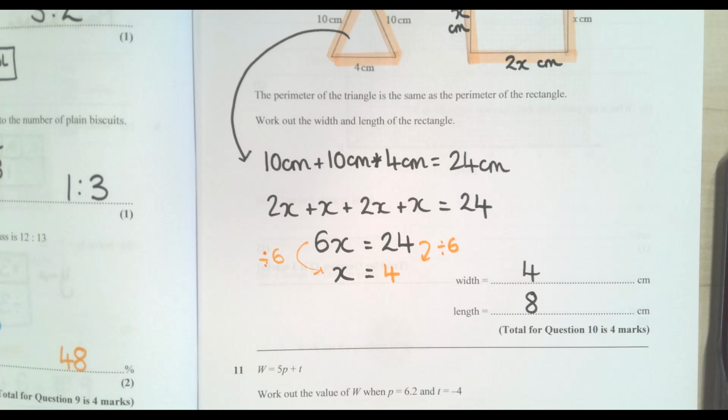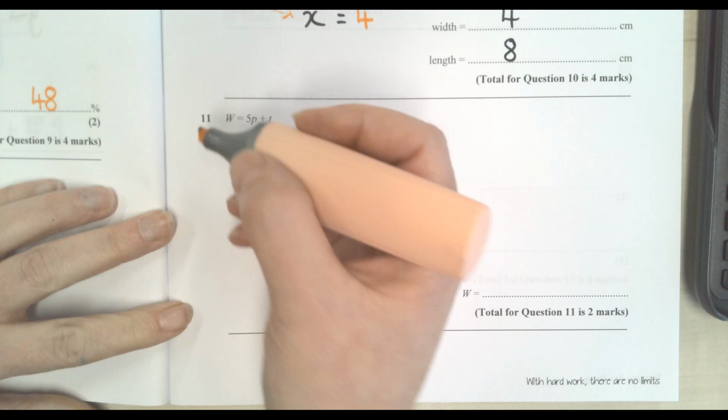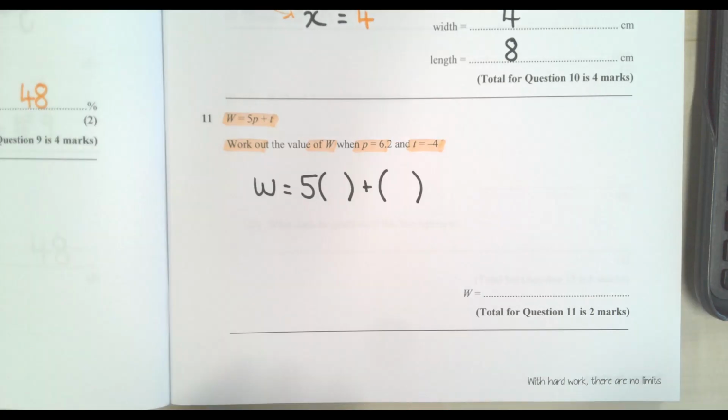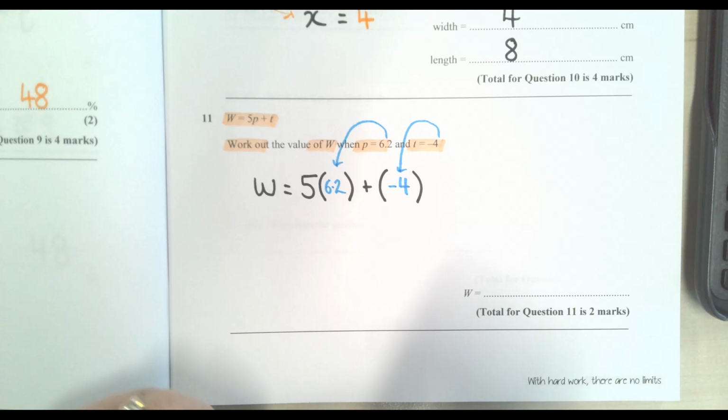Okay, question 11 involves some substitution. It told you that w is equal to 5p add t. Work out the value of w when p is 6.2 and t is -4. So w is equal to 5 lots of p, add t. That's the substitution part. So p is 6.2 and t is -4.